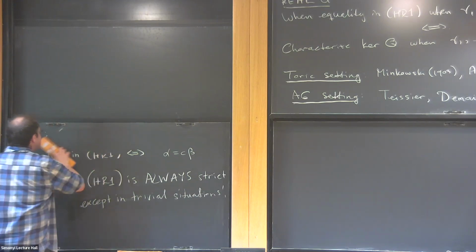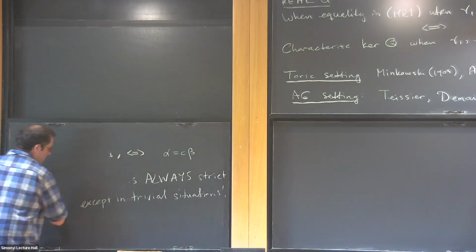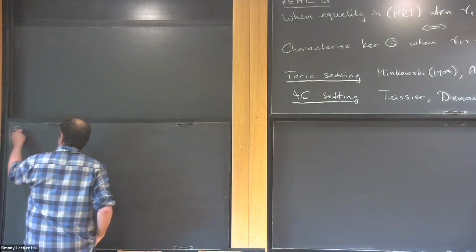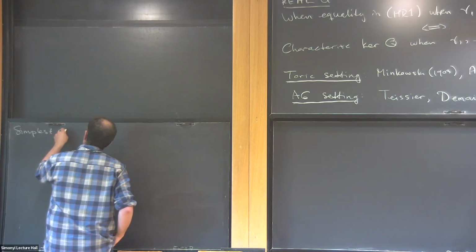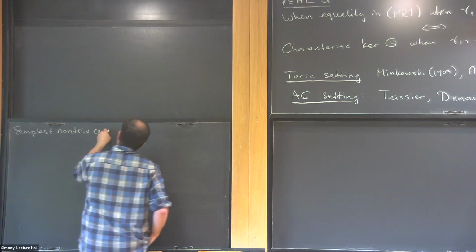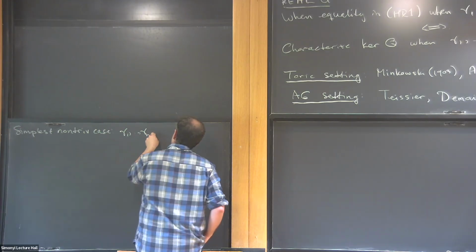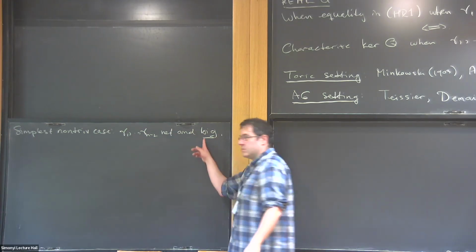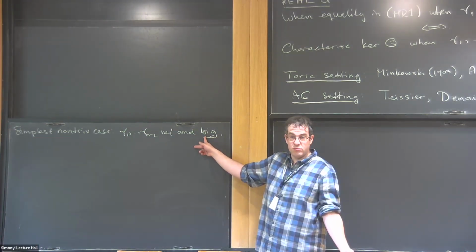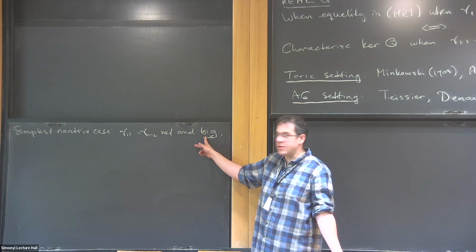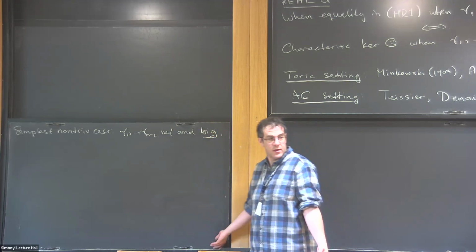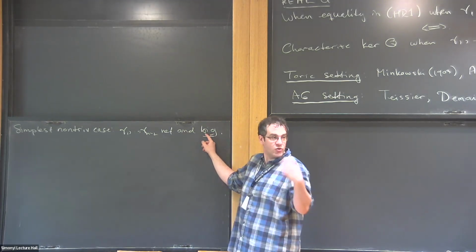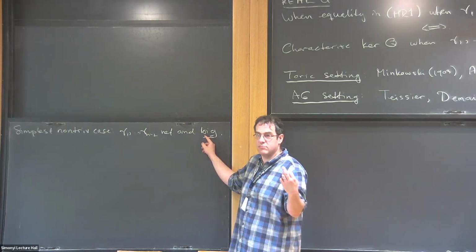So let me write down the statement. The simplest non-trivial case is when gamma 1 to gamma n minus 2 are nef and big. Big meaning they have positive volume. This is a hugely simplifying assumption. So this just means that gamma is big if gamma to the power n is positive. Okay? Good.